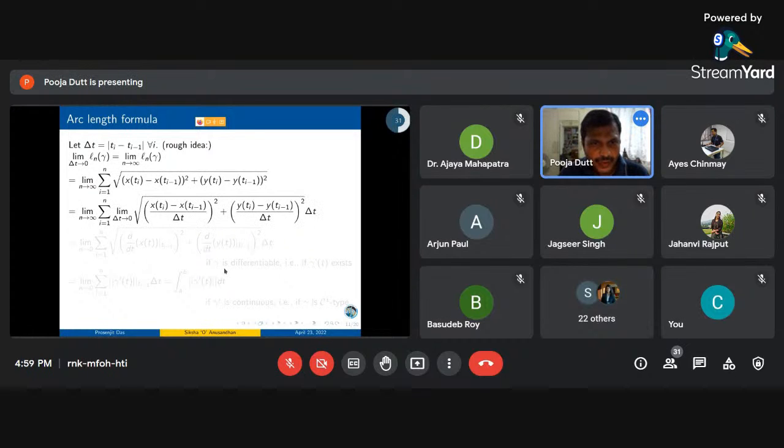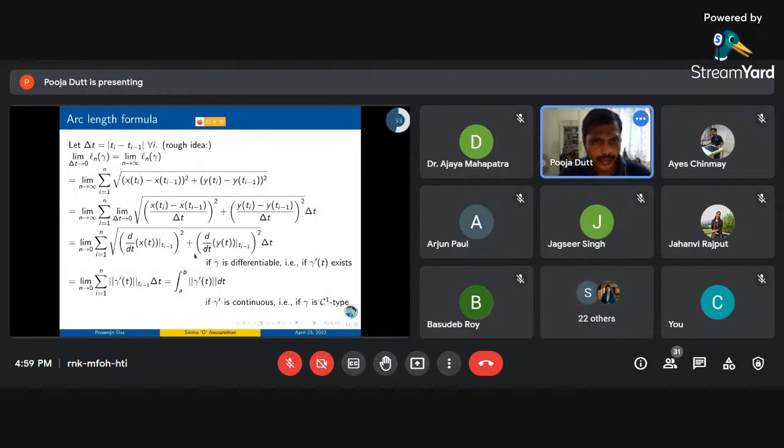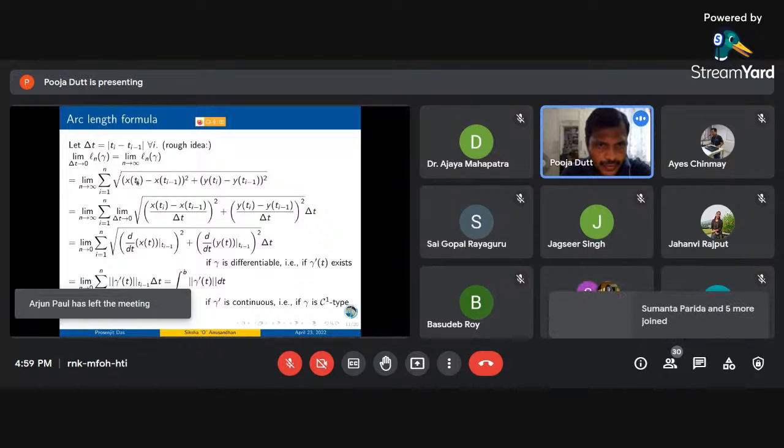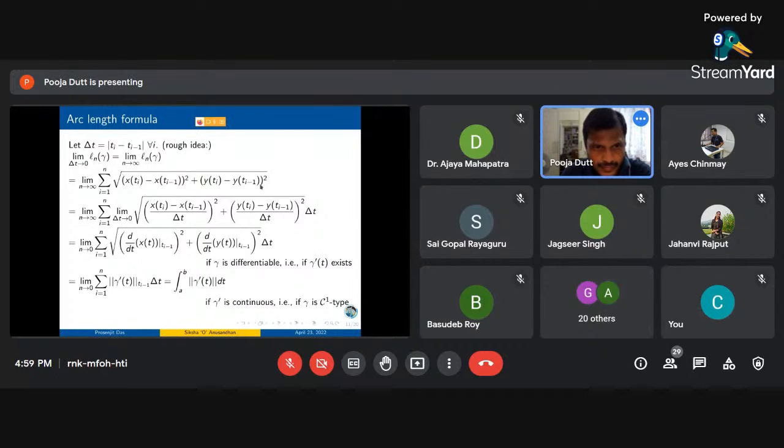So one can look at this process. Under the square root, what I've done here is find the length of each of the line segments. xti, yti is the point pi, and xti minus 1, yti minus 1 gives the point pi minus 1, so their distance is nothing but this, and you take the sum and take the limit.